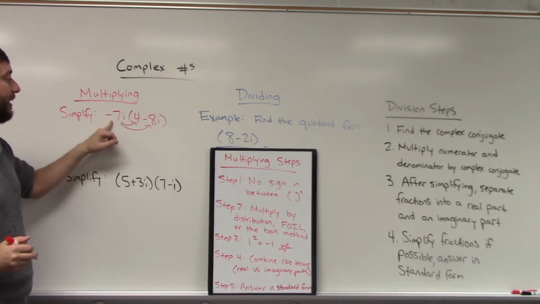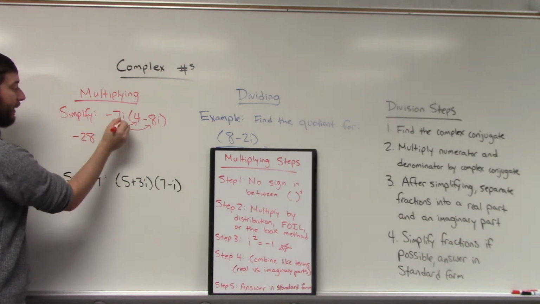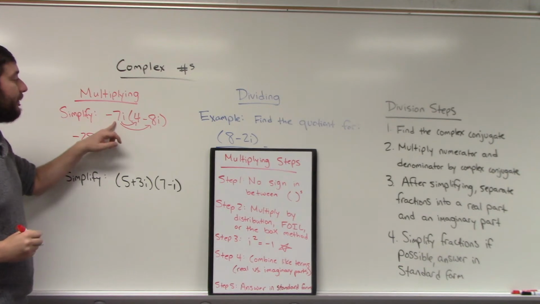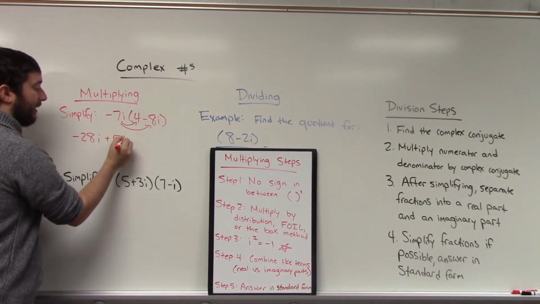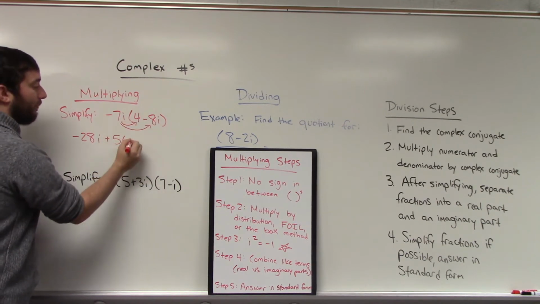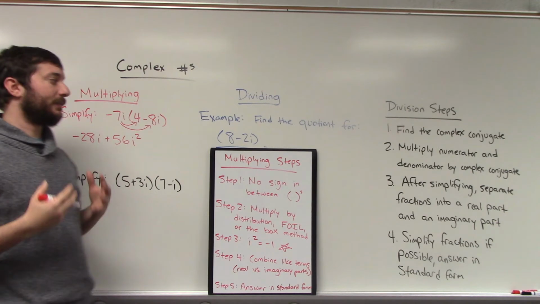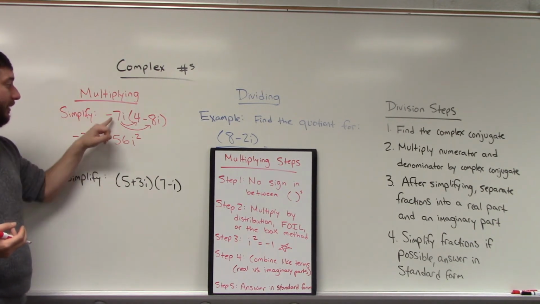So -7 times 4 will be -28. And don't forget that we have an i at the end. -7 times -8 will be +56. i times i will be i squared. So think of how we would multiply with variables. It's very similar to that process.